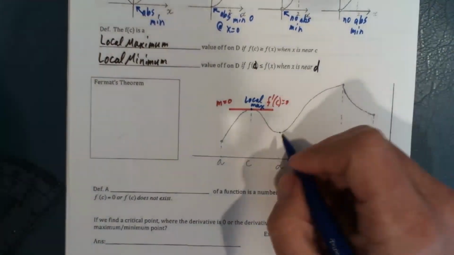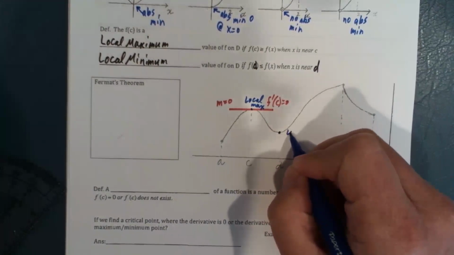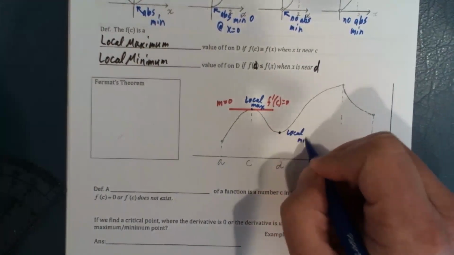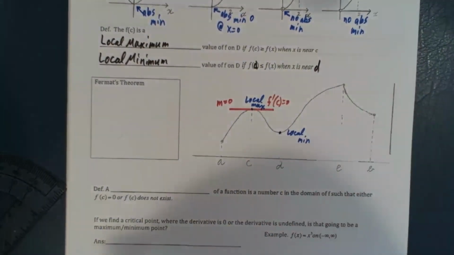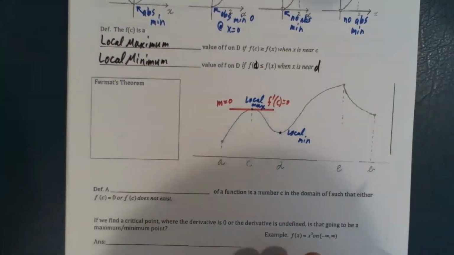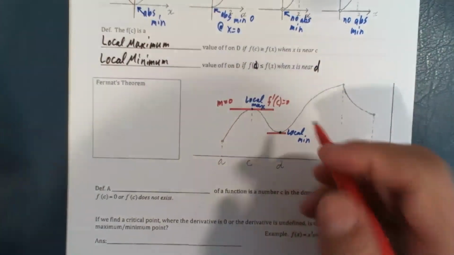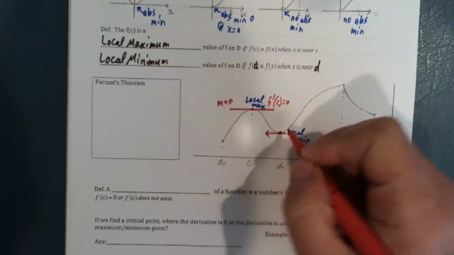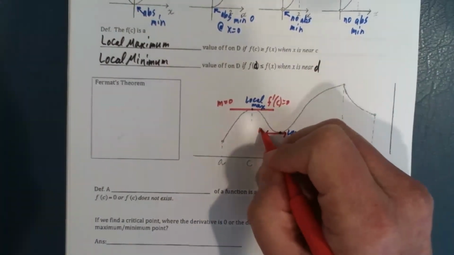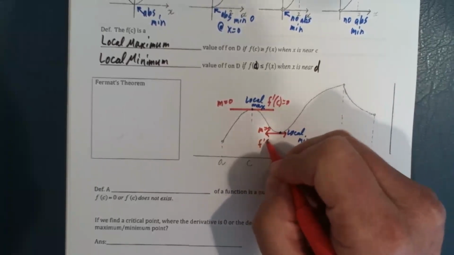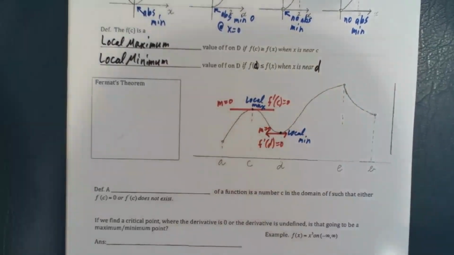And here we have a local minimum. And once again, the slope of the tangent line right there is once again 0. This is where m equals 0, and we can say f prime of d is also 0.